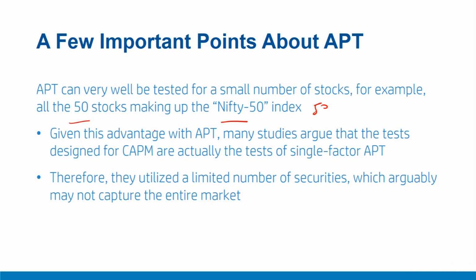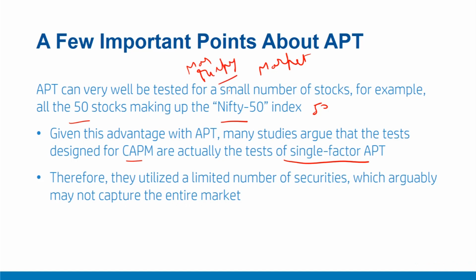Given this advantage, many studies and research papers argue that erstwhile tests of CAPM are simply nothing but tests of single factor APT, where that single factor is the market factor, because one can always question the validity of the market portfolio, which is a set of all the risky assets in that given set of securities.